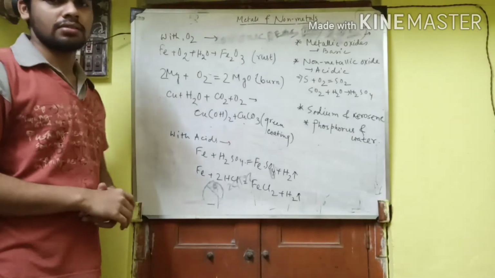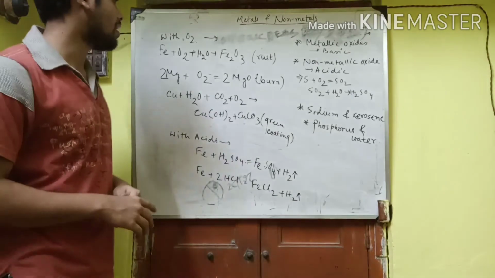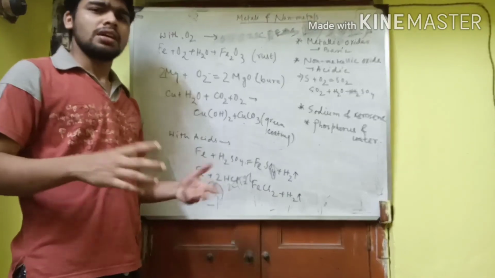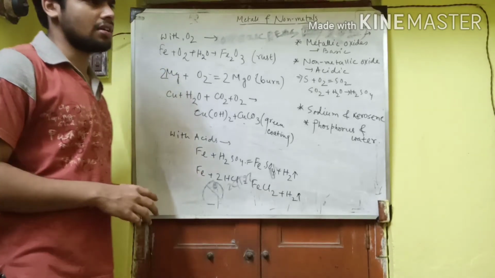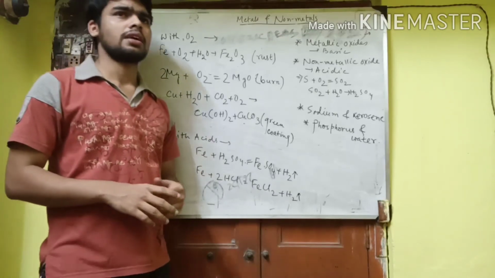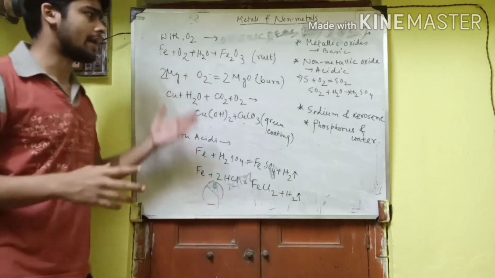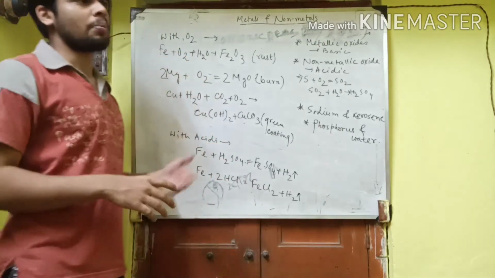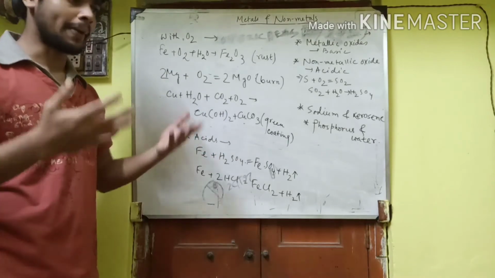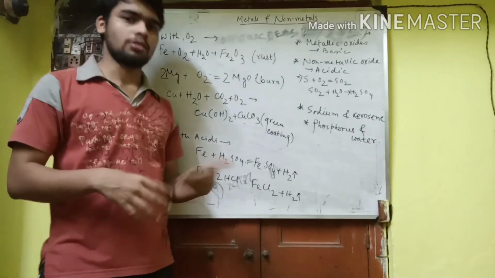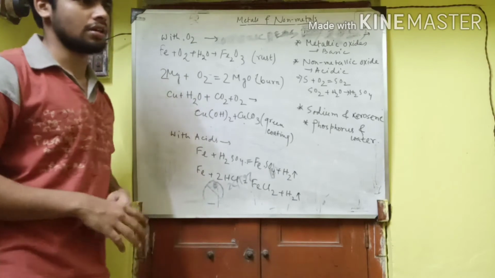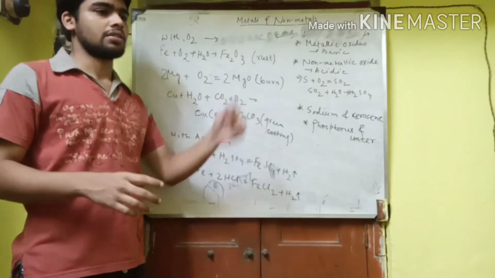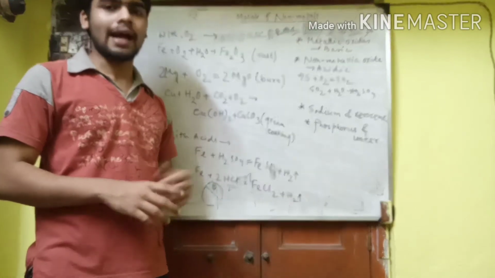This is the reaction of iron with oxygen. There are many ways of preventing rusting. For rusting, we coat iron materials with non-metallic oxides, so that oxygen cannot come in contact with the pure iron.